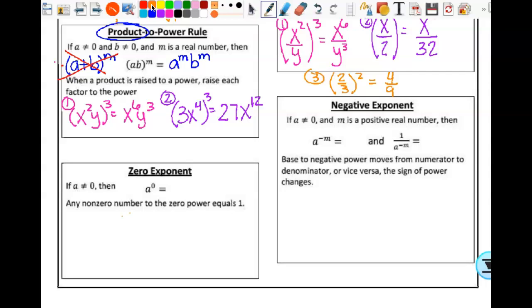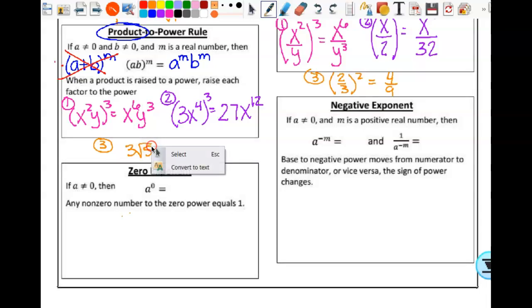So an additional little example here. Let's say we have 3 times the square root of 5. Well, yeah, that's fine. 3 times the square root of 5 squared. This works the exact same way. This is a product.